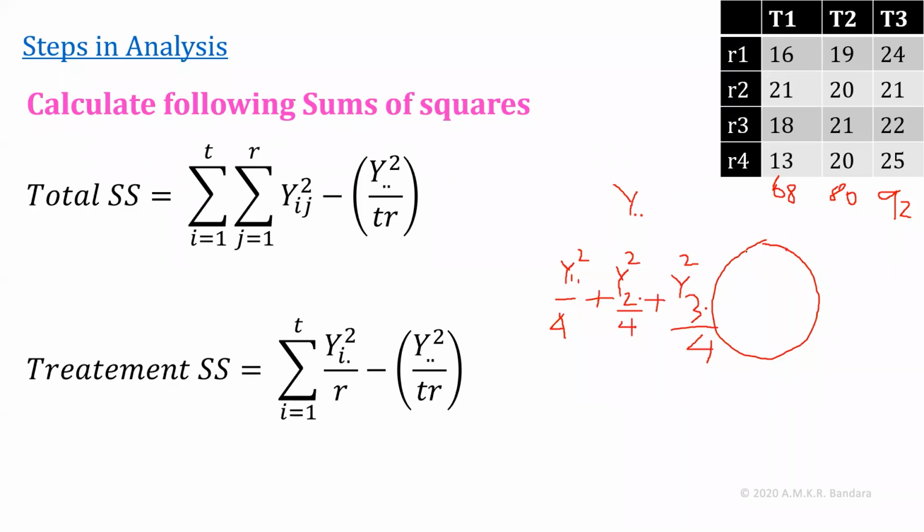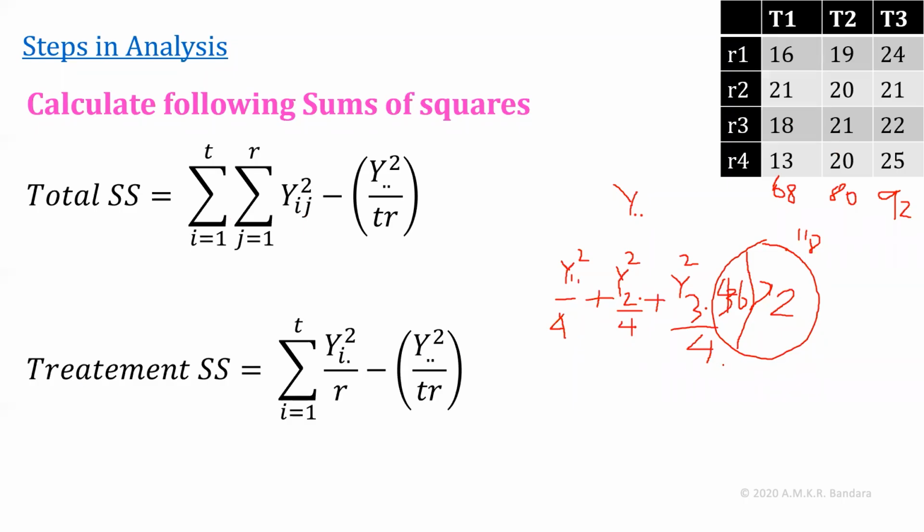So now you can identify, assume here the total was 118, treatment sums of square 72, now this is 30, so 46. Now in this data set you have calculated total sums of square and treatment sums of square.